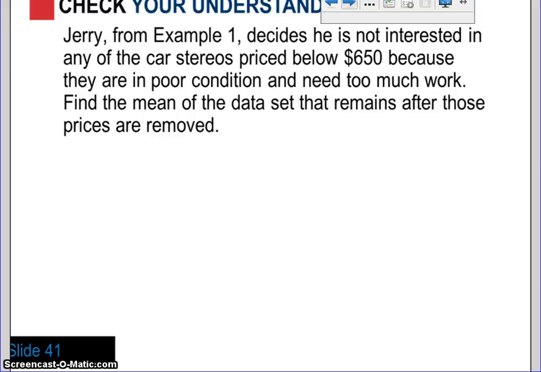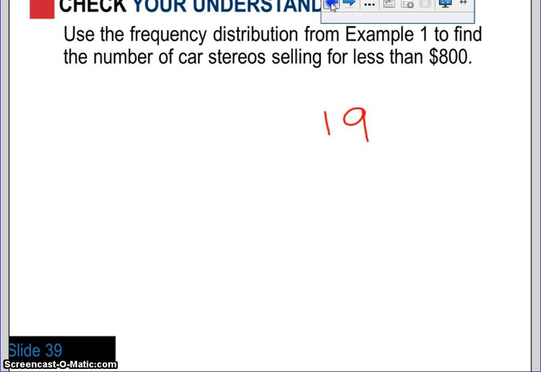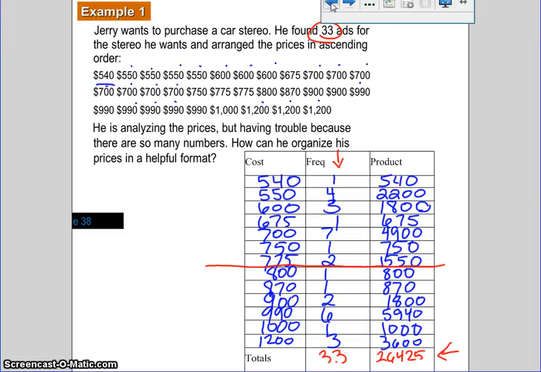All right, it says Jerry from example 1 decides he's not interested in any car stereos priced below $650 because they're in poor condition and they need too much work. So let's go back to that frequency distribution. He says anything that is under 650 he doesn't want. So we're going to take all of these values and they're going to go away.